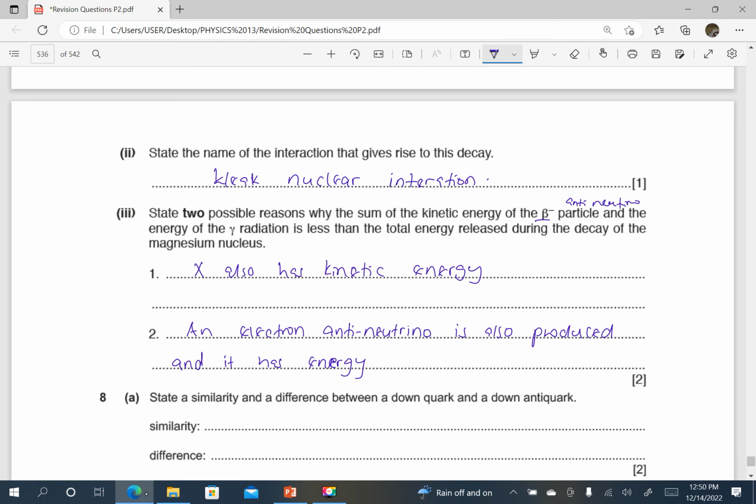An electron antineutrino, not neutrino, is also produced and it has energy. So the energy is shared with the accompanying particle.